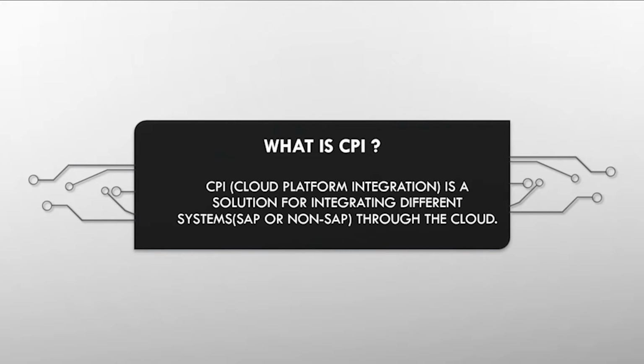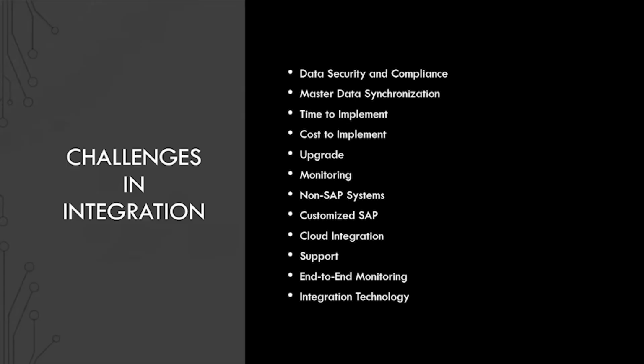Now coming to why we should choose CPI, and why not another integration solution. There are several challenges in integration, and if you are integrating two systems you might face some of them and have to take care of them. The first challenge is data security and compliance.